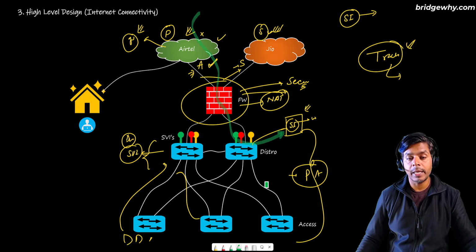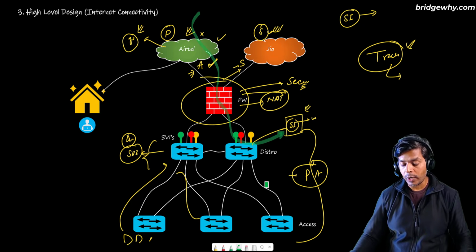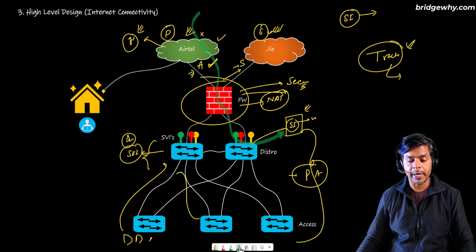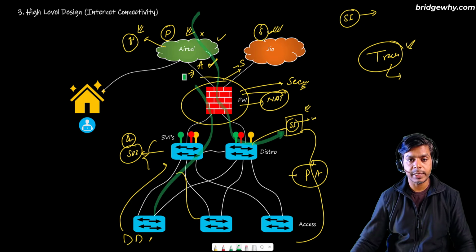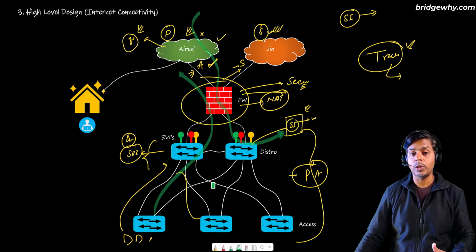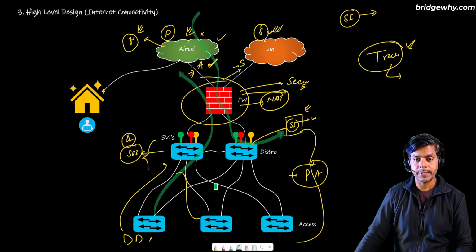And this can be a legitimate user or maybe a hacker. So what this firewall does, by default it sends everything going from inside to outside, although you can create some security policies also, right?